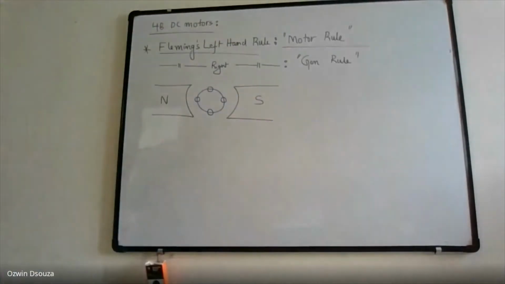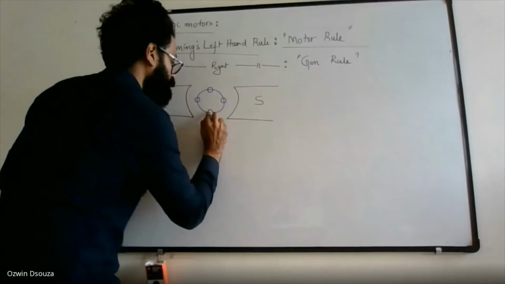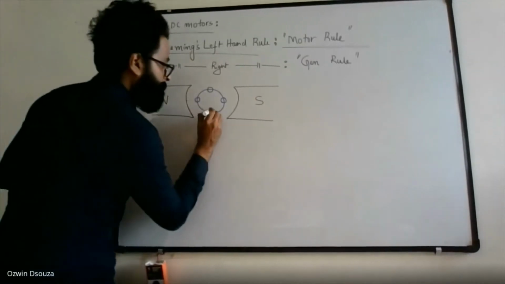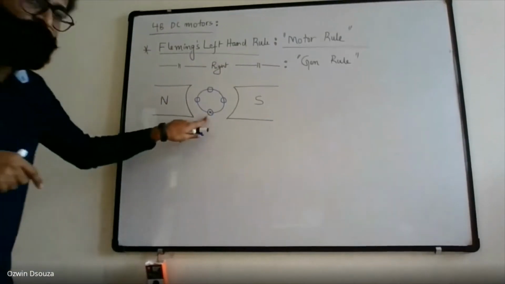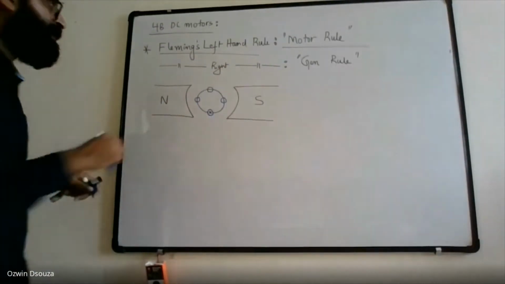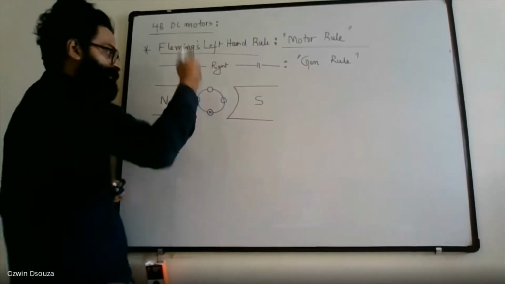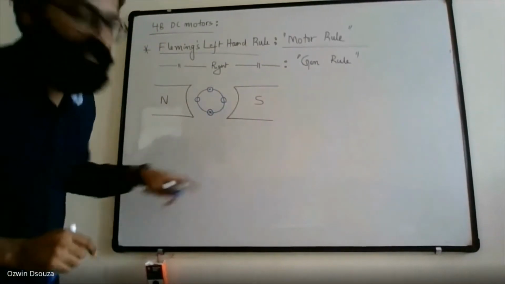So on that note, on one side we can show that the current is entering. Entering is shown with a cross mark, and the current which is leaving from the other terminal is shown with a dotted mark. You can see, right?